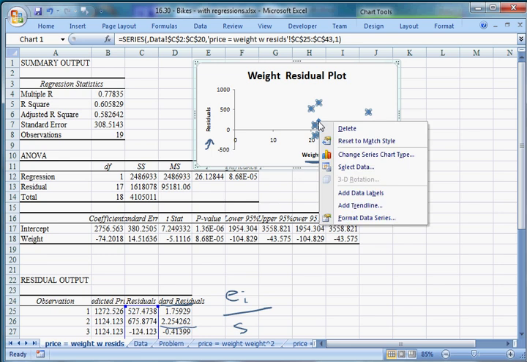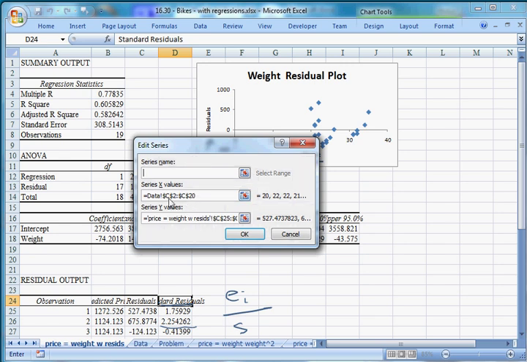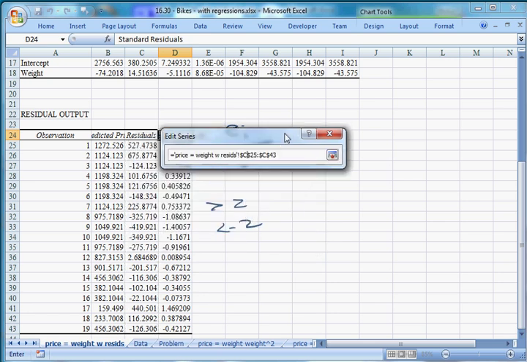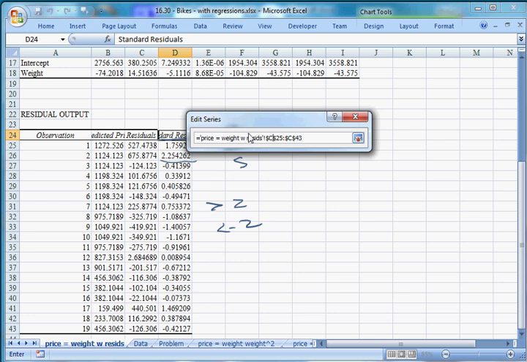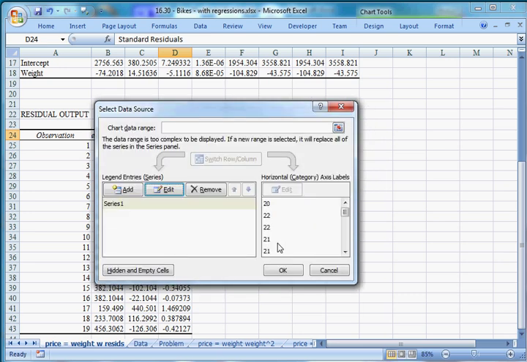If you select this data, you click on it and you right-click, and then you click Select Data. It automatically selects the C2, the price equals weight with resids, C25 to C43, which is the residuals. If you can't move around in here, else it gives you trouble. But if you change it to D25 to D43, it'll automatically convert this to standardized residuals instead.